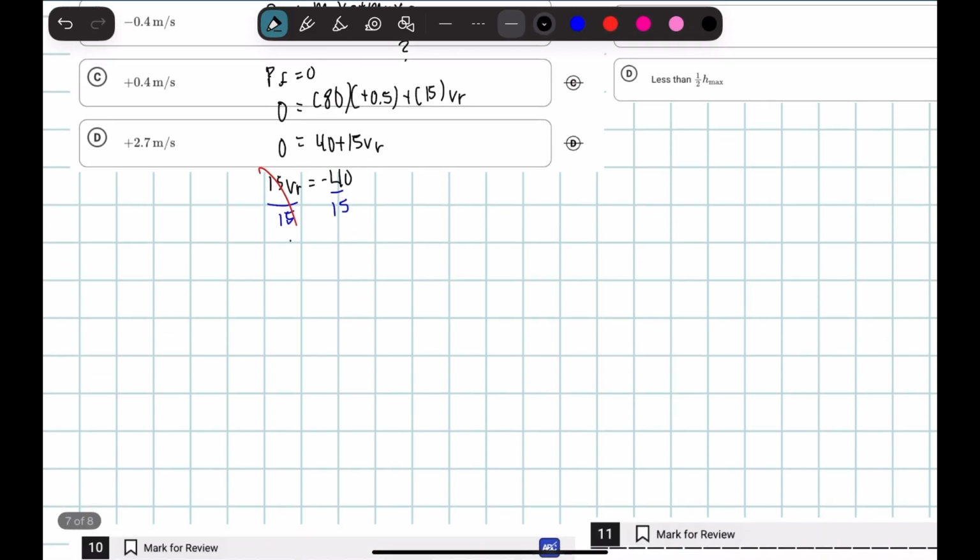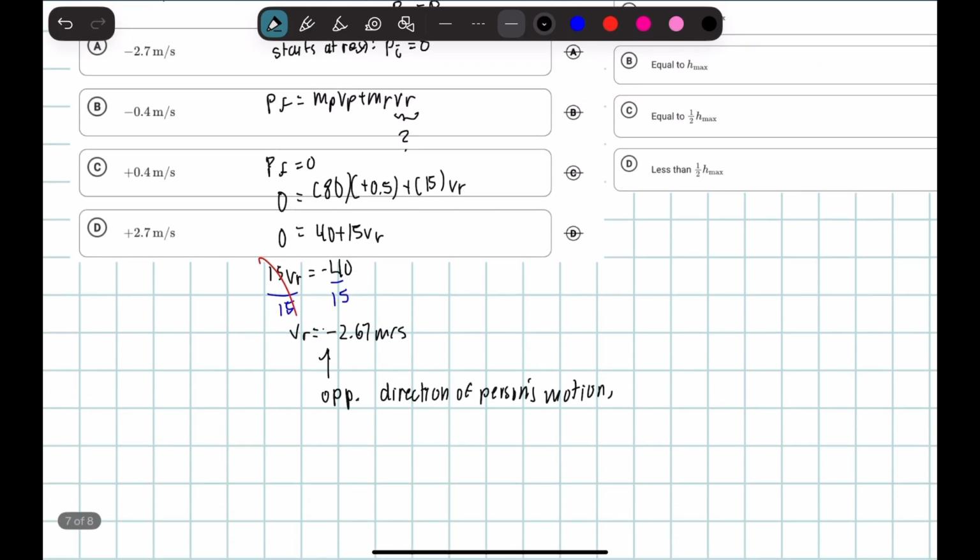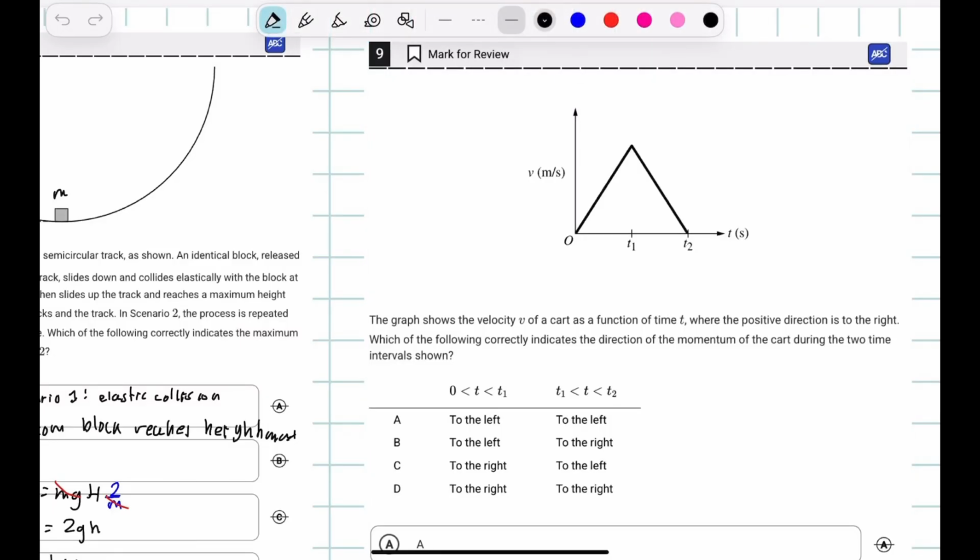Then VR is going to be equal to negative 2.67 meters per second. So what does this negative sign mean? It means that it is opposite the direction of the person's motion. That is going to be 2.67 meters per second. That is A.